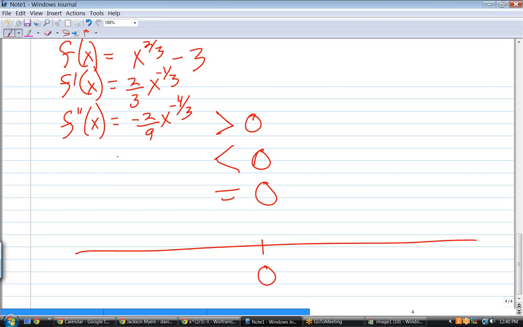And I can rewrite this: minus 2 over 9x to the 4/3. I can even put that minus sign out here. Well, clearly when x is positive, this is negative. In other words, when x is positive, the denominator is always going to be positive.